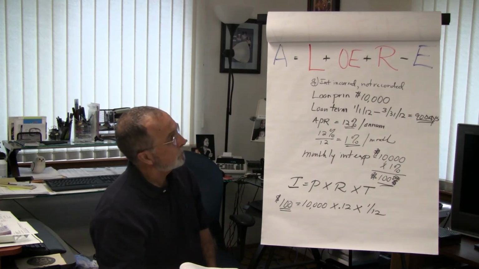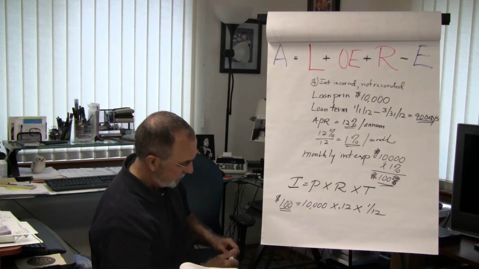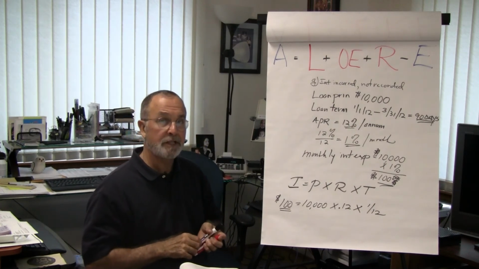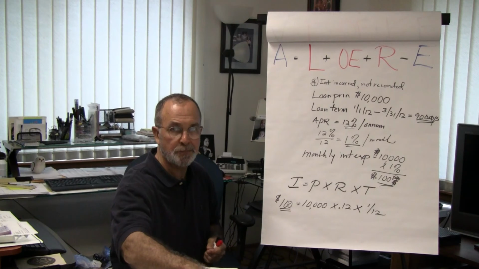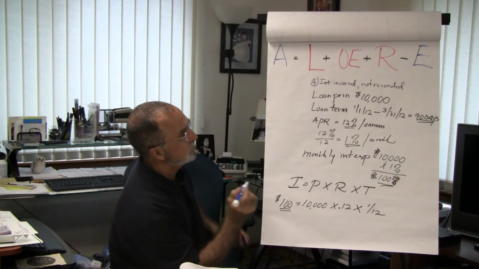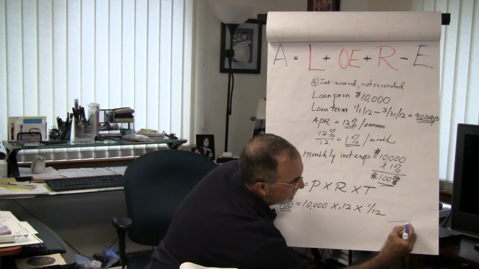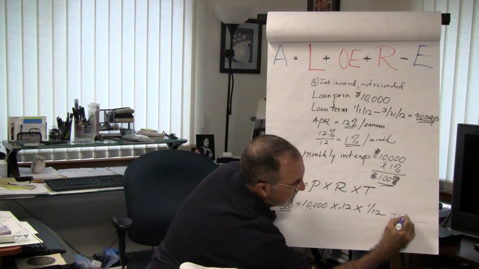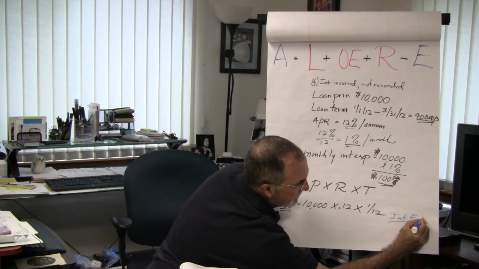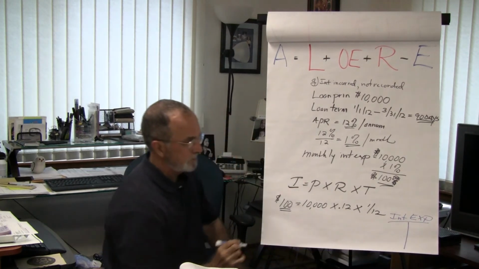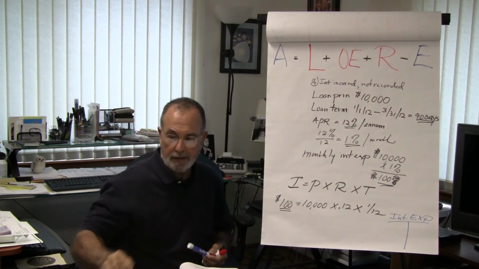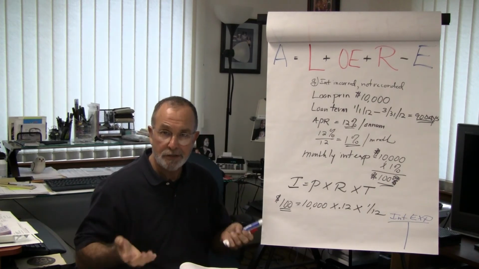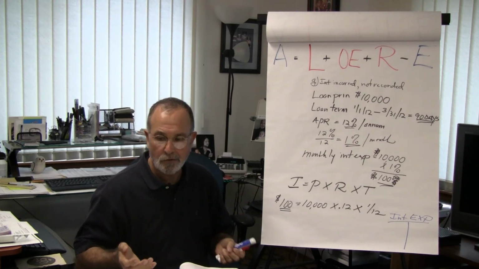So how would we record our adjusting entry? Well, we need to show, first of all, that we have incurred interest expense on the loan. And so we need an expense account called interest expense, and we need to show that we owe interest on that loan.